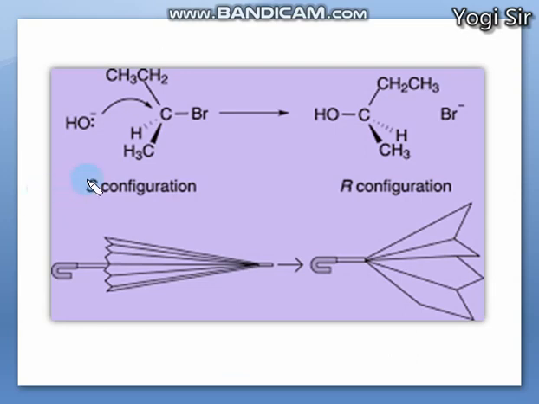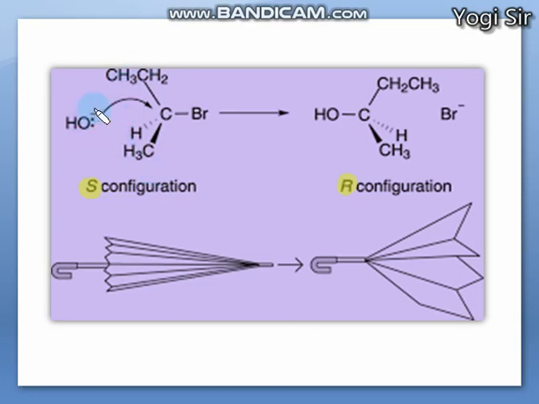You can see originally this compound is S configuration. We know what is R, what is S configuration, right? S means sinister, R means rectus. They are both isomers. You can see here this methyl, hydrogen and ethyl group are present on the left hand side.